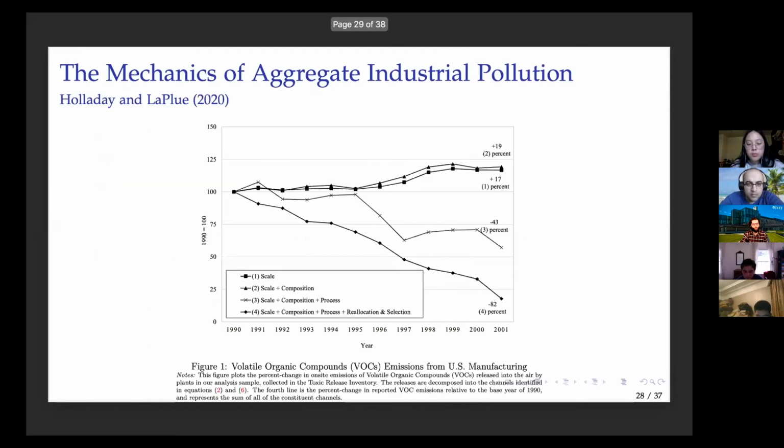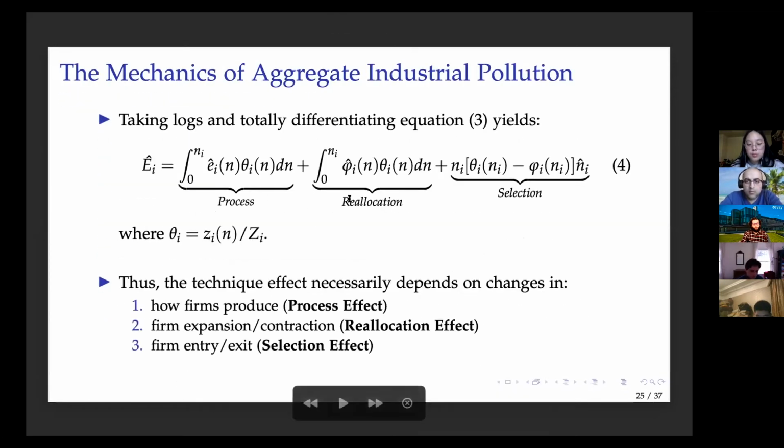So if you want to understand the role of reallocation, you can get a causal estimate of a policy's effect on the share of a plant in a particular industry, this term here, and you observe some other information like their share of the industry prior to regulation and the overall change in pollution intensity of the industry. You can then use that to get an estimate of the reallocation effect caused by that one particular policy. Now, it all hinges on the causal interpretation of this, which is really challenging.